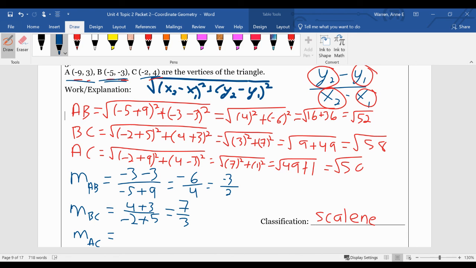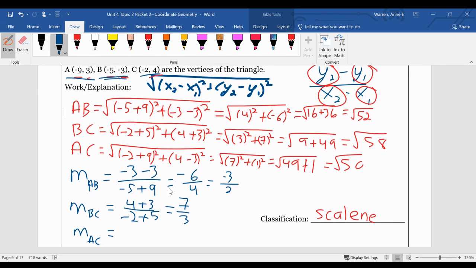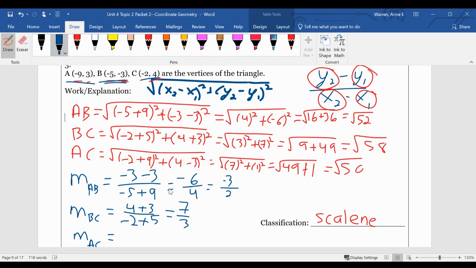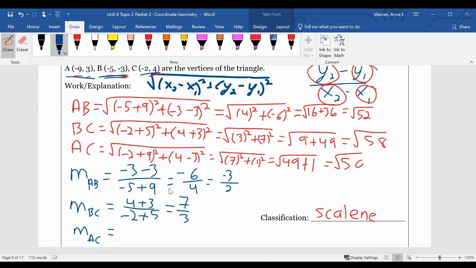There is no number other than 1 that 7 and 3 are both divisible by, so there's no way to simplify that. Already done. And then my last slope would be the slope of AC. So again, y2 minus y1 over x2 minus x1 gives me 1/7.